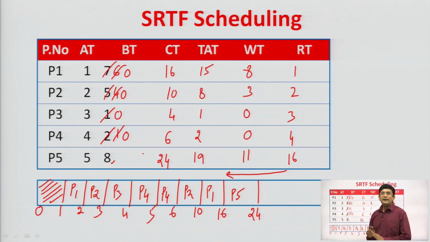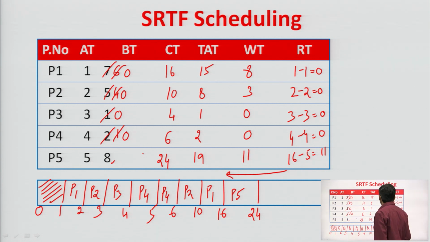Since these are the relative times, let us subtract the arrival time from these. So, 1 minus 1, 0 is the response time for P1 process, 2 minus 2, the response time for P2 process is 0, 3 minus 3, response time for P3 process is 0, 4 minus 4, response time for P4 process is 0, and 16 minus 5, 11 is the response time for P5 process.